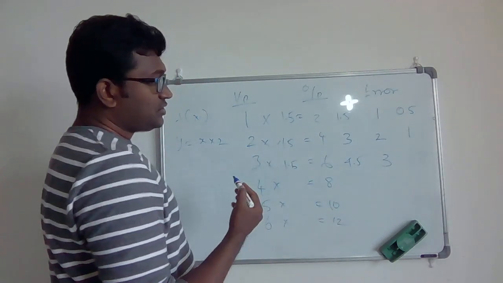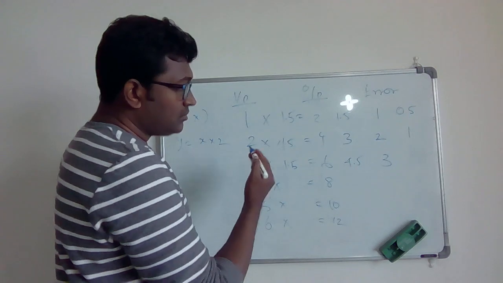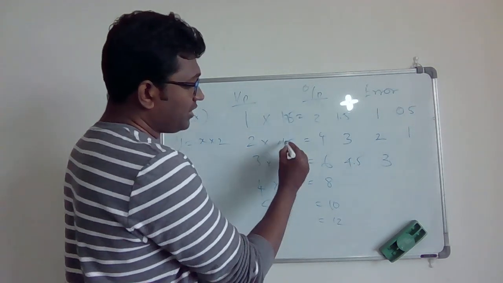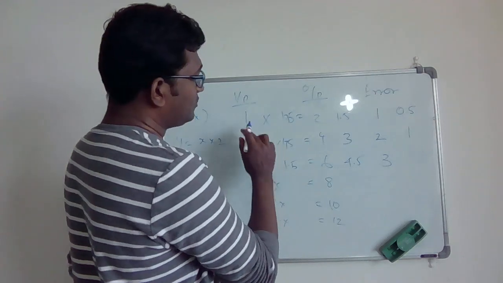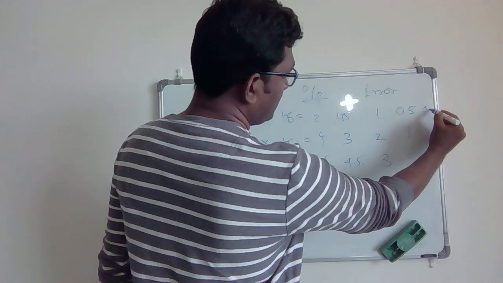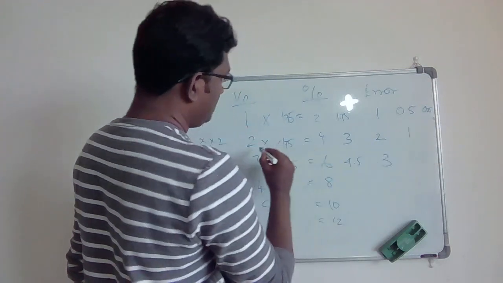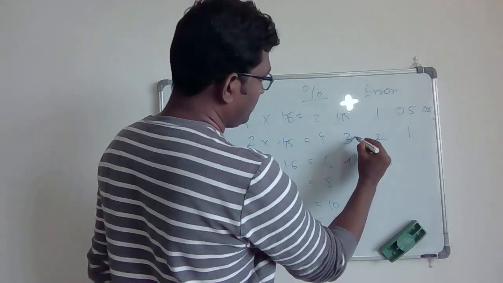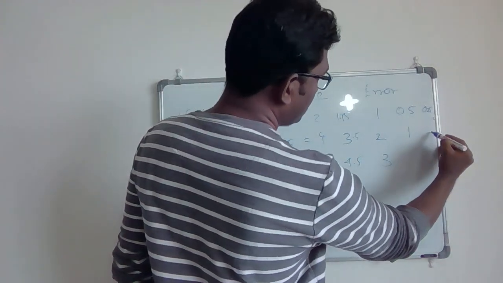Now this gives you an intuition. We might try to increment a little bit further. Let's say we multiply by 1.75. 1 into 1.75 becomes 1.75, and the error becomes 0.25. 2 into 1.75 becomes 3.5, and the error becomes 0.5.